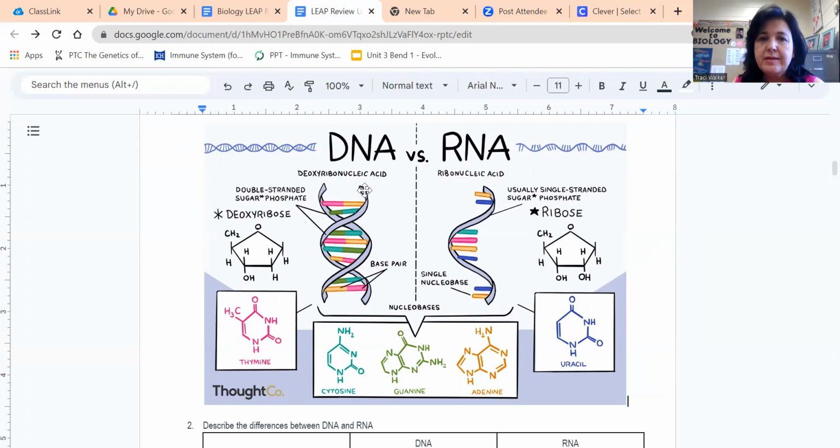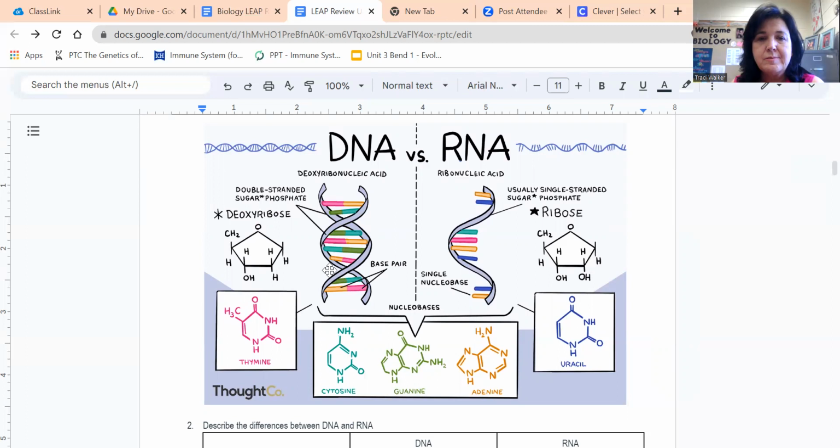And the ribbons going down the sides, the blue ribbon-looking structures, which would also be like the rails of the staircase, are your sugar and your phosphate groups that make up DNA. And the bars that connect the two ribbons, which look like the steps if you're thinking about a spiral staircase, are your nitrogenous bases.